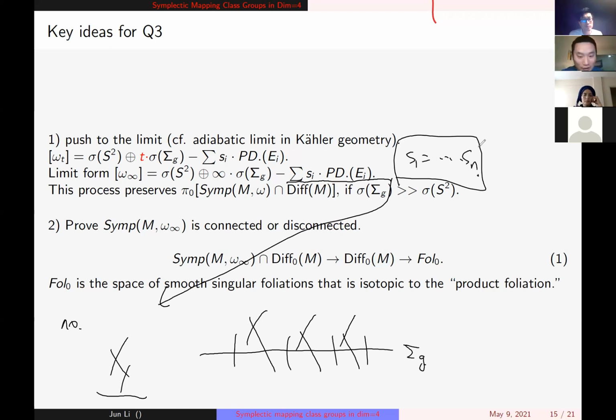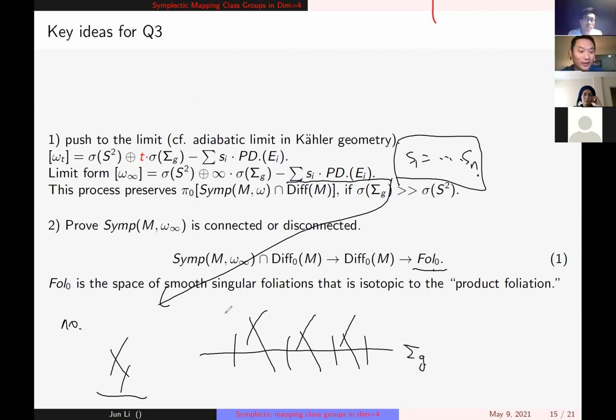Okay, so now the rough idea is we look at the loops of the foliation space. There are some swapping of the singular fibers. And then if the blow-up sizes are small, we are able to prove that such loops are going to contribute to non-trivial pi zeros in the fiber group, which is the limit of the symplectic mapping group.